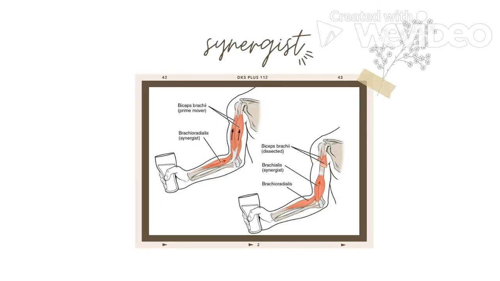And lastly, we have the synergist. In many locations in the body, the prime mover muscle crosses several joints before it reaches the joint at which its main action takes place. So it's more like a stopover for the muscles. It doesn't go straight to the palm.